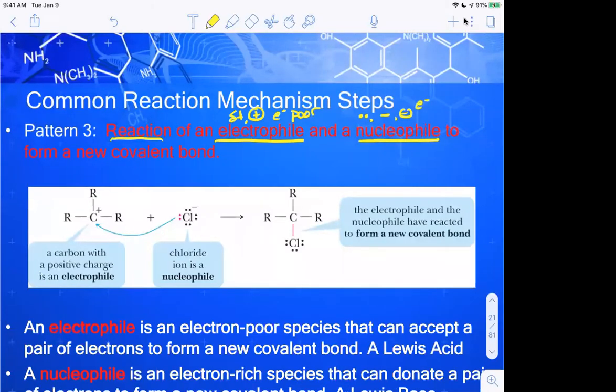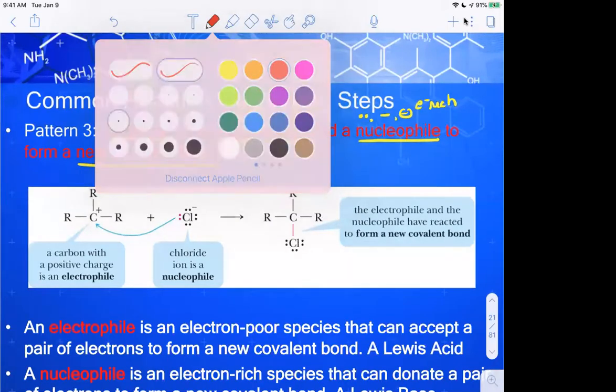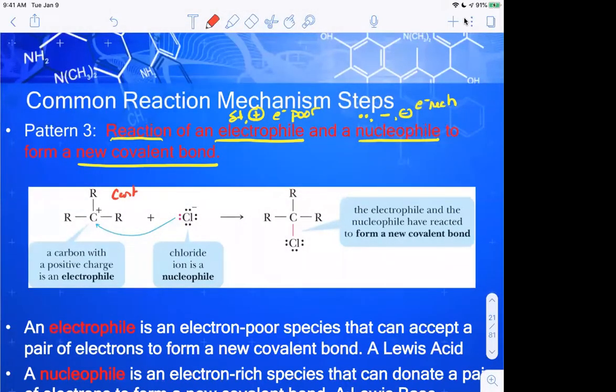This is electron rich to form a new covalent bond. So here's my carbocation. This is a carbocation like I formed in those previous reactions. So this is electron deficient, right? This is the electrophilic carbon. So this chlorine is negatively charged.